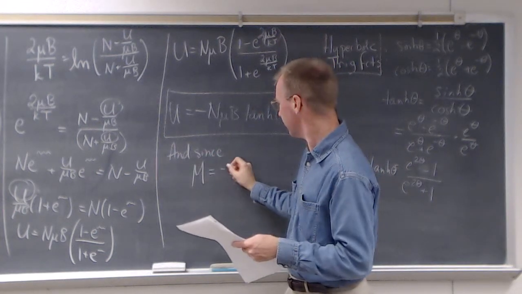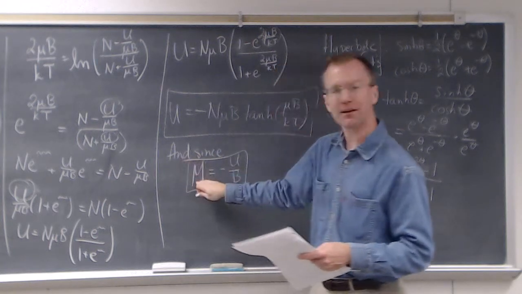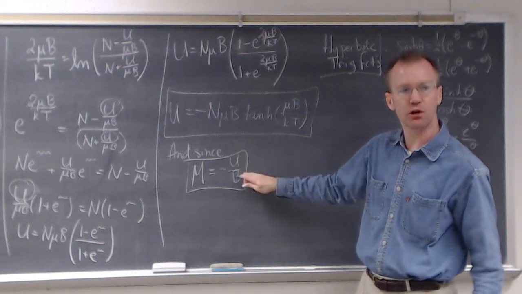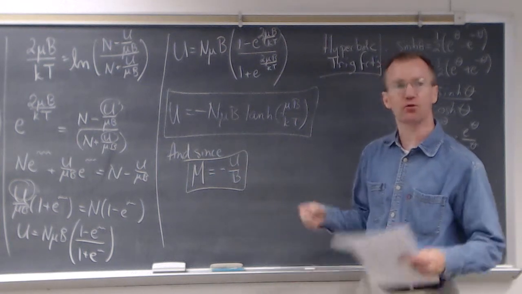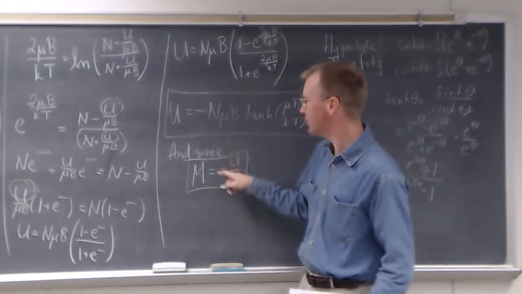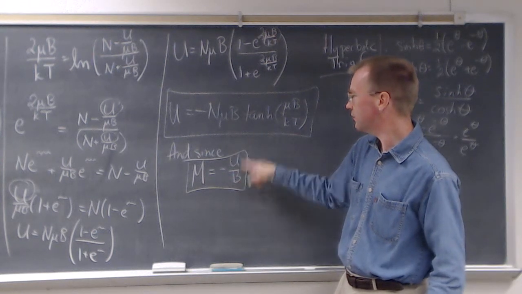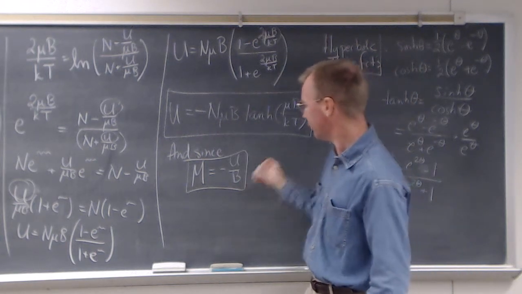We already found that the magnetization comes out to be equal to negative energy over B, the magnetic field. So since we've got that, which is a nice simple formula, we can just take negative U divided by B. That's great, we've got a B right here. And we've got a negative sign, so that cancels out.